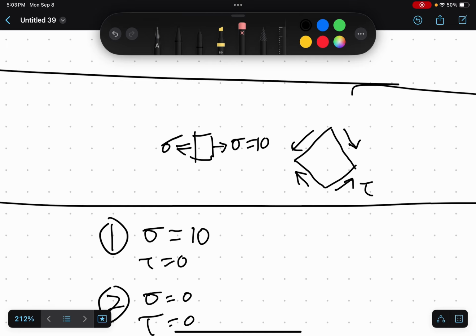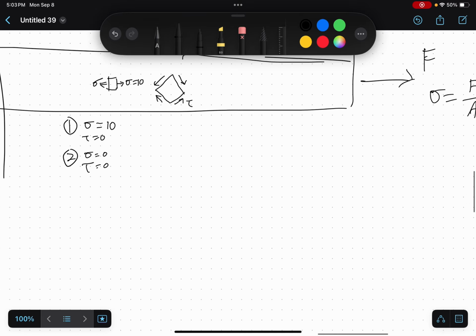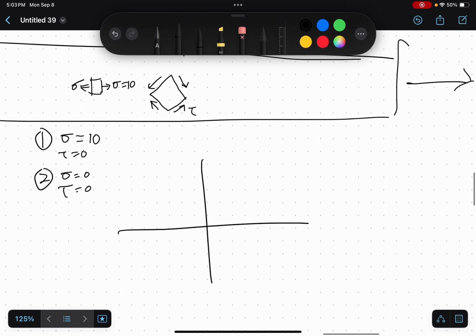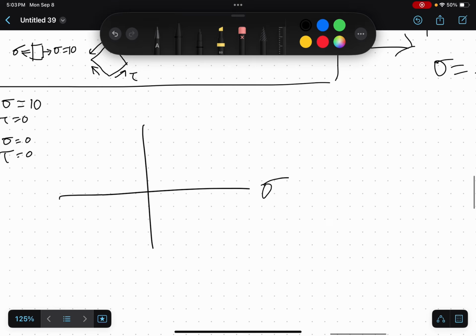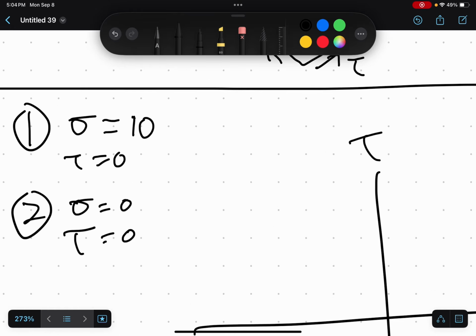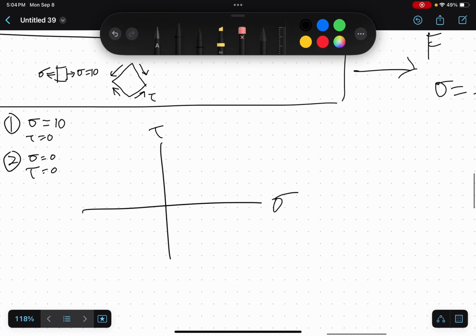Cool, how is that helpful? Well, it is helpful when you're plotting the Mohr's circle. So there are two axes: normal stress on the x-axis and shear stress on the y-axis. If we plot point 1, we would have a normal stress of 10.